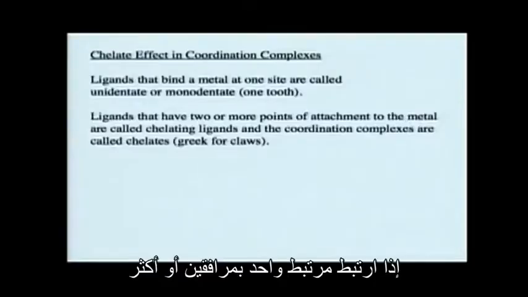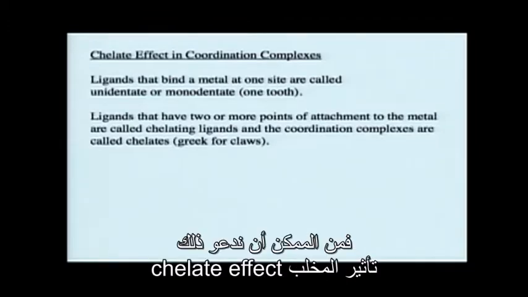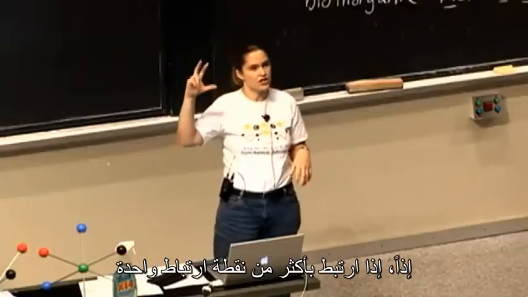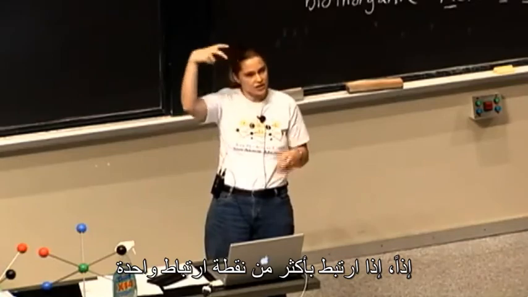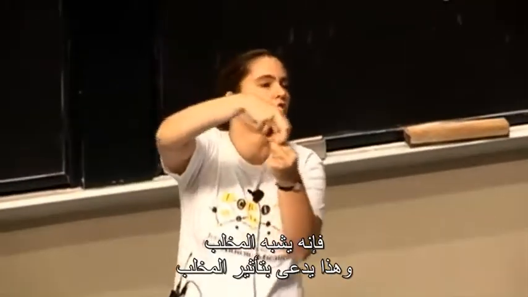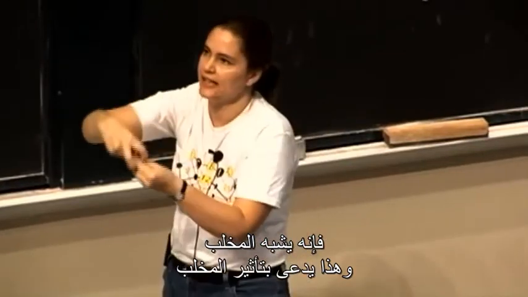Now, if a ligand attaches with 2 or more points of attachment, it can be called a chelating ligand. And this comes from the Greek. Chelate is claws. So if it's attaching with more than 1 point of attachment, if the ligand is grabbing on, it's like a claw, and that's called a chelate.